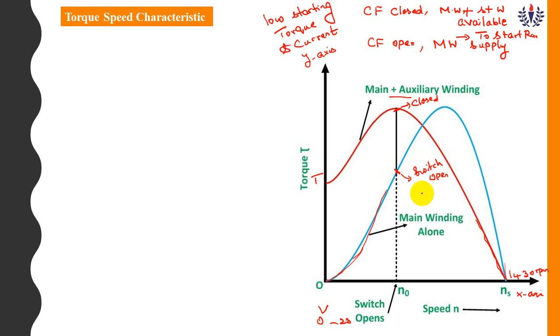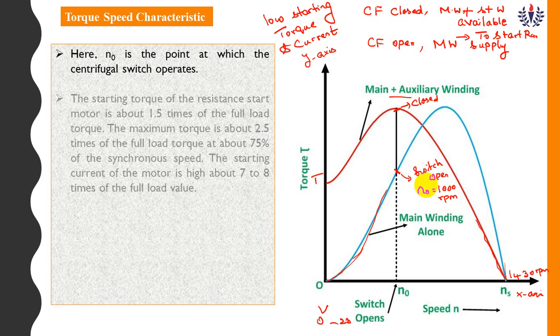During the time when your switch is open, you get a speed value of somewhat 1000 rpm, and then normally the machine runs very slowly. This is the torque speed characteristics of a split phase induction motor.